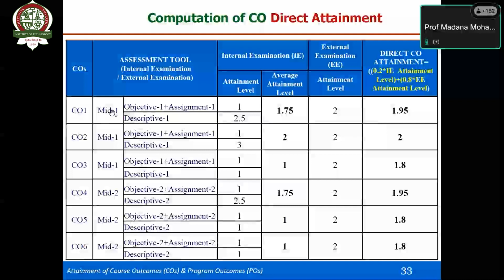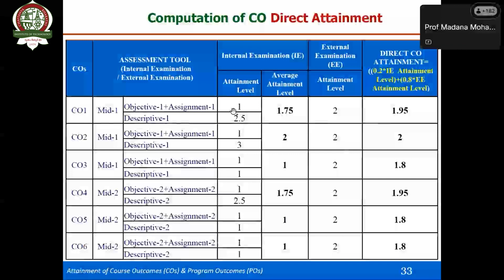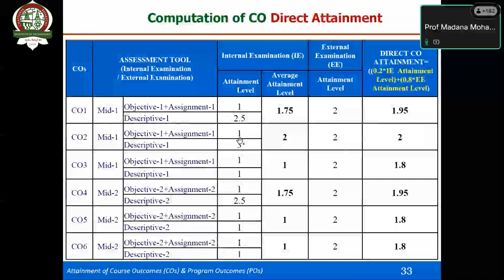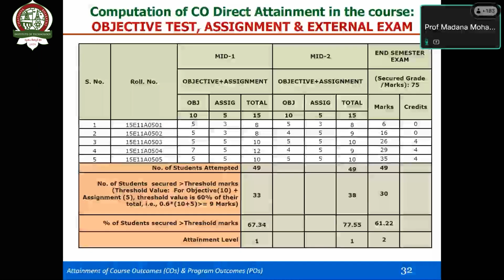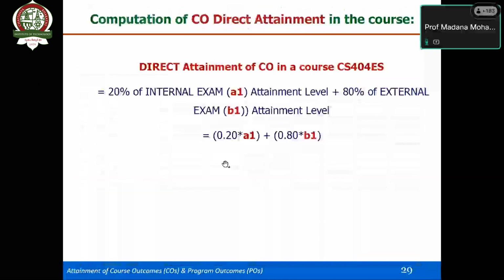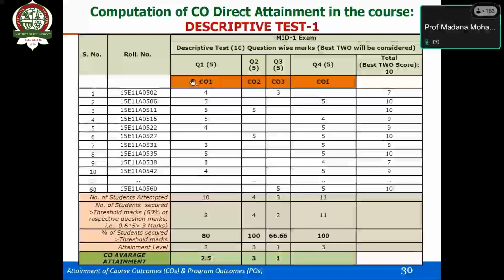Then CO1 is related to mid one. In mid one, we have objective one plus assignment one, and its level is 1. Descriptive one, its level is 2.5. Go back and check these values where we have taken CO1 mid one. Here you can see, CO1 mid one: for descriptive the level is 2.5.